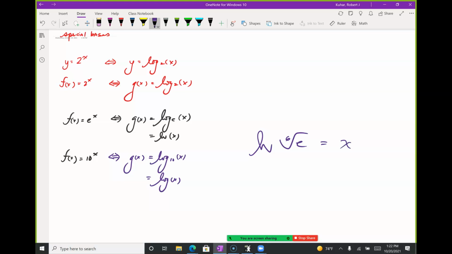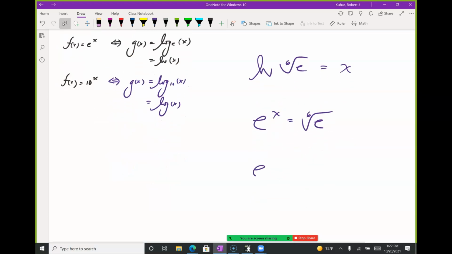X. And now I'm going to translate. What's my base? ln is base what? E. So e to the x equals the sixth root of e. So e to the x equals e to the 1/6. So what does x equal? 1/6.